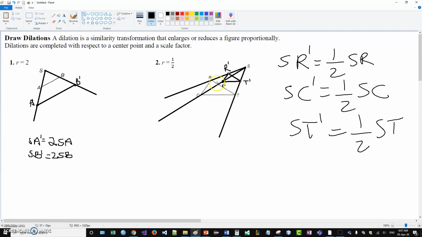Their size is different, but they are similar. The angles are the same, but the sides are proportionally smaller. Alright, I hope you get the idea. Pause the video at any time.